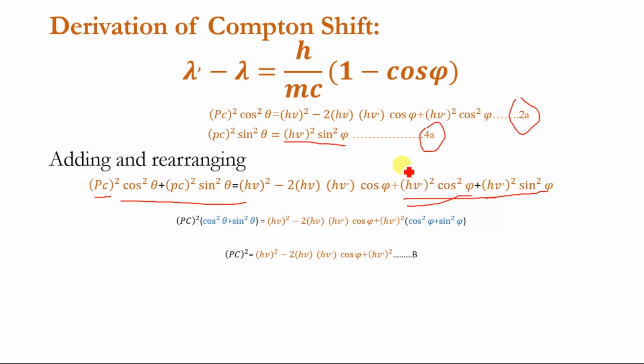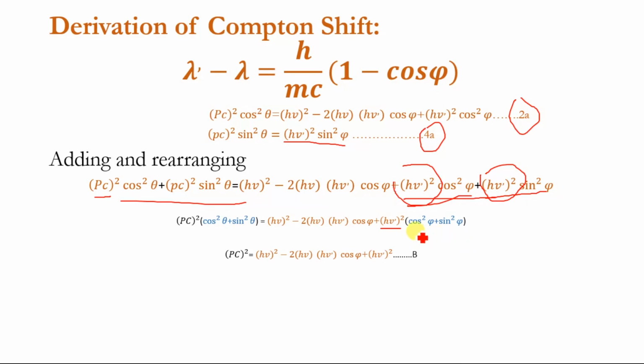We will take common h mu dash whole square from these two terms. So we get h mu dash whole square into cos square pi plus sine square pi.